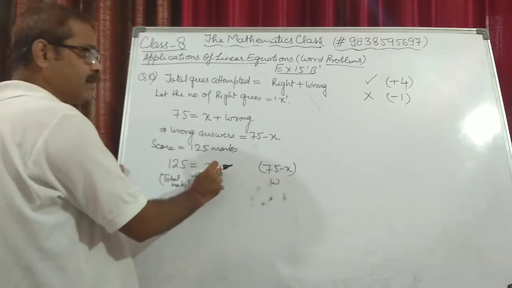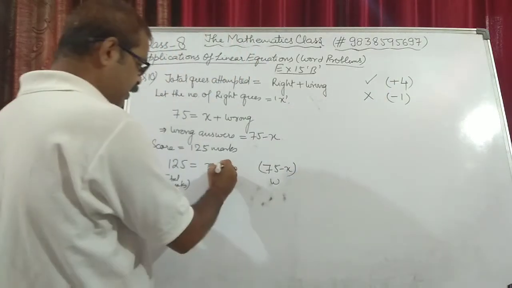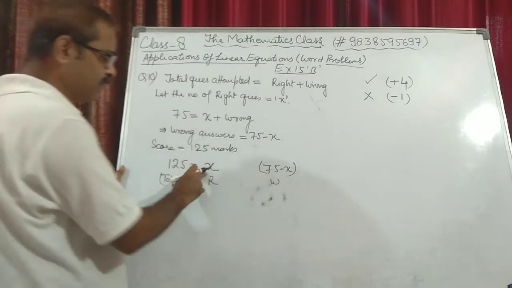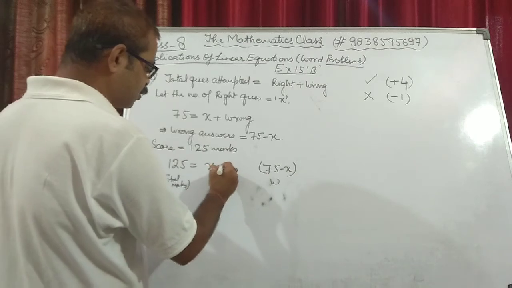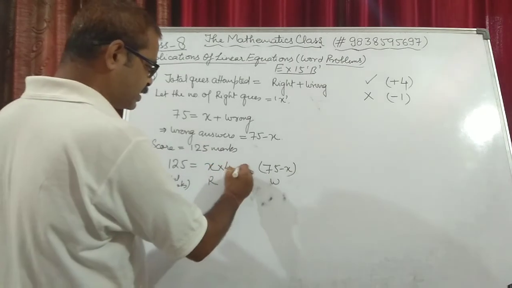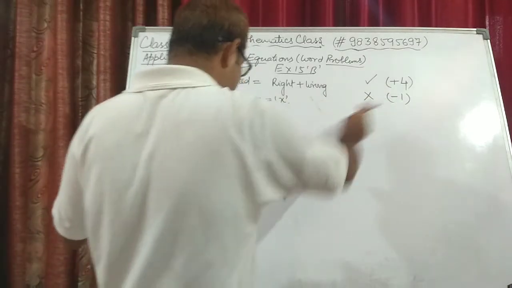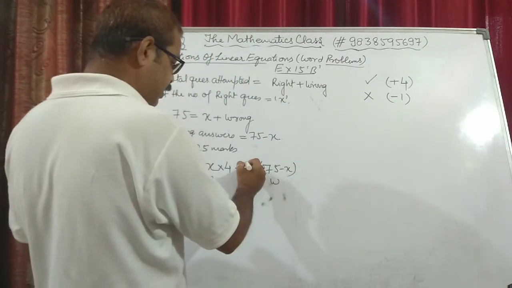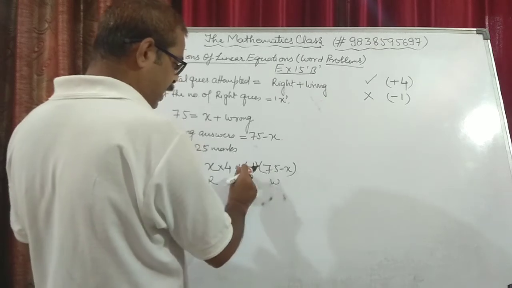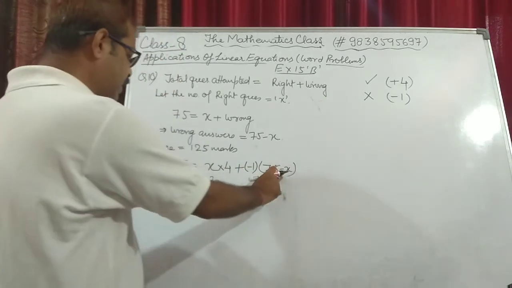Now for every right question he is getting 4 marks, means if he has attempted x questions right, he will be scoring 4 times x marks, plus for every wrong question he is given minus 1 mark. So for every wrong question he will be losing 1 mark. So we are multiplying minus 1 by the number of questions wrongly attempted.